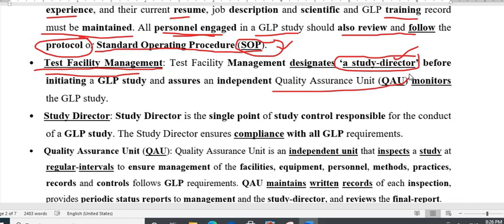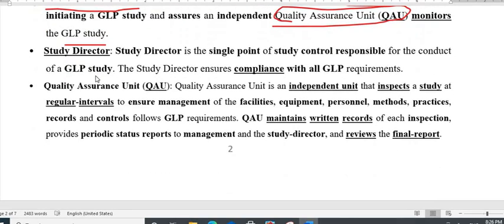So under this facility management, two points have to be mentioned: assign the study director, and also the quality assurance unit that monitors the GLP study. So these two points have to be considered under the test facility management.